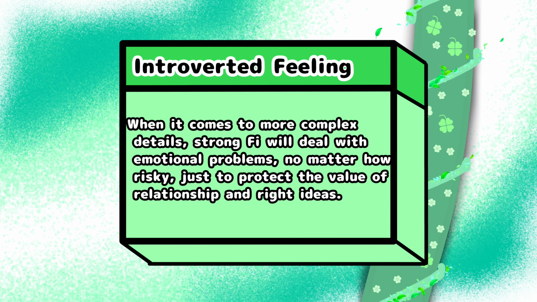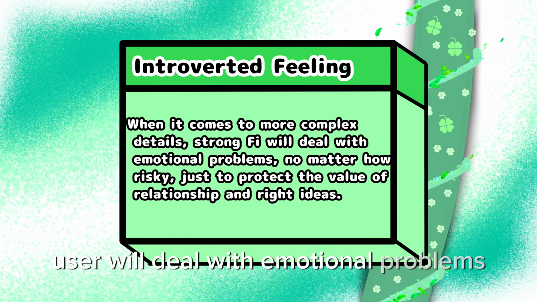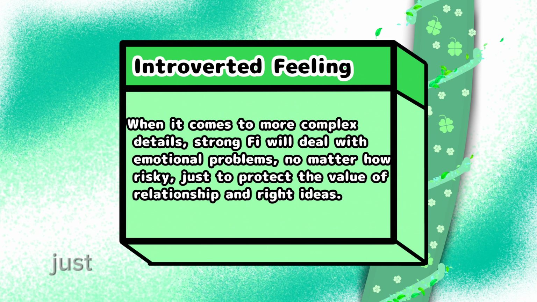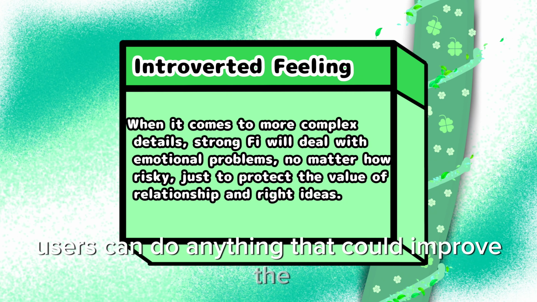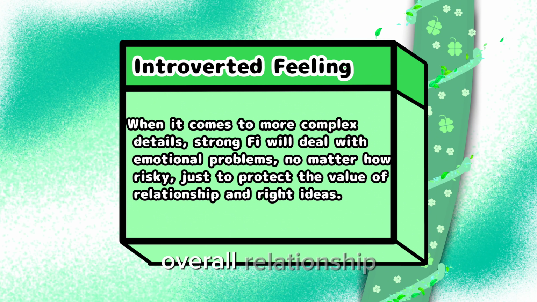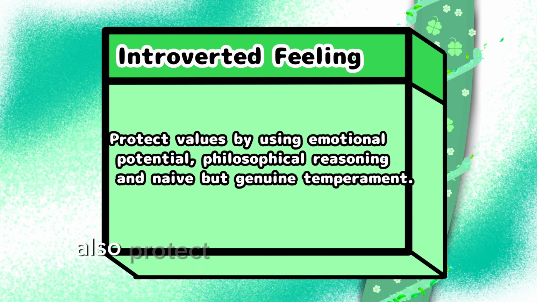A strong introverted feeling user will deal with emotional problems no matter how risky, just to protect the value of the relationship and right ideas. This means FI users can do anything that could improve the health of a relationship. They also protect values by using emotional potential, philosophical reasoning, and naive but genuine temperament.